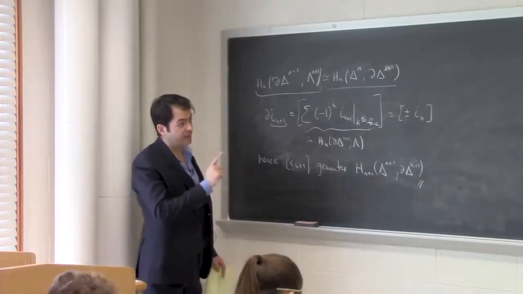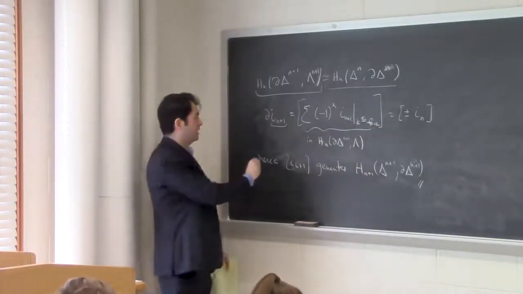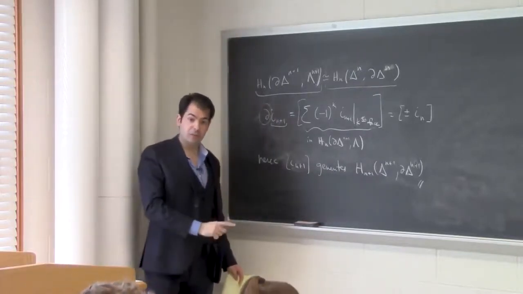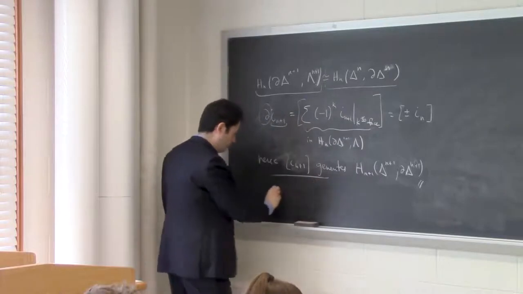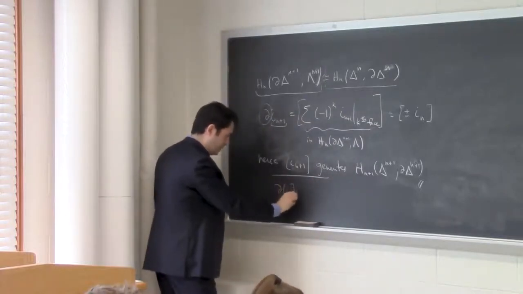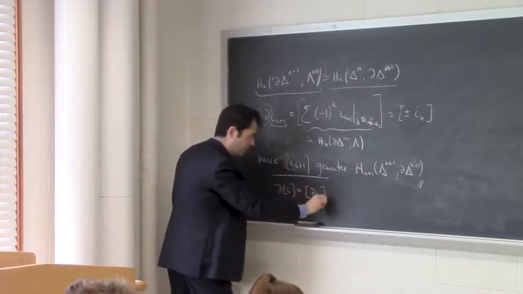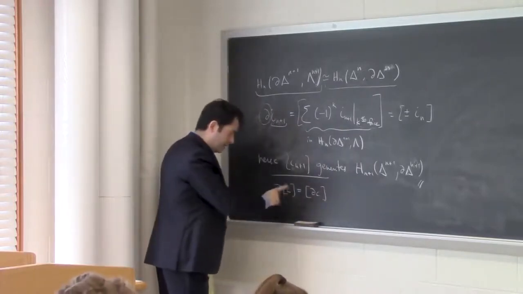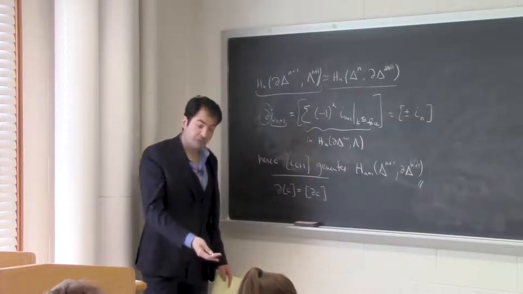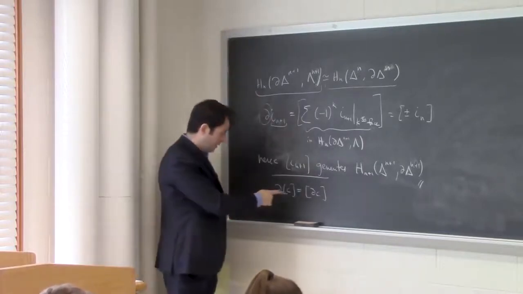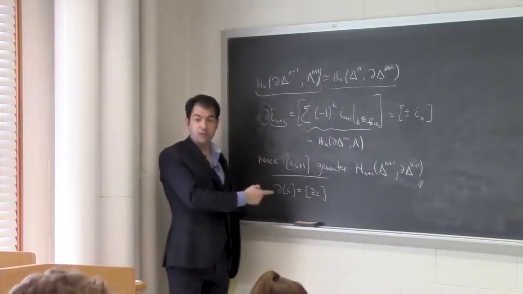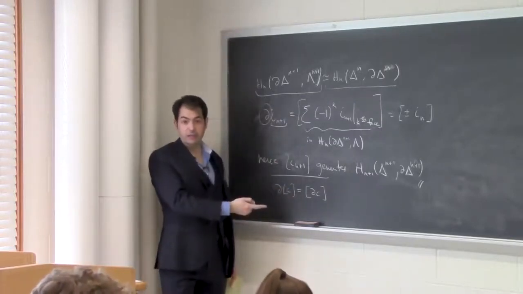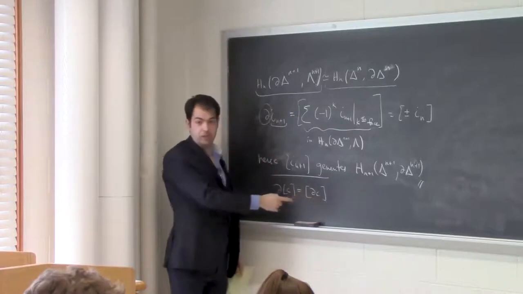Right, so remember that the reason the connecting homomorphism is denoted by the boundary map is that when you're doing relative homology, the connecting homomorphism takes a relative class and just gives you its boundary. So in the long exact sequence of a pair, you take a relative class represented by a relative cycle, a cycle in X whose boundary is in A, and the connecting homomorphism just takes the boundary.